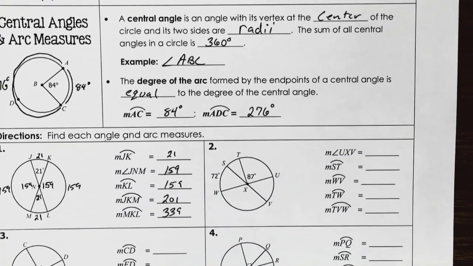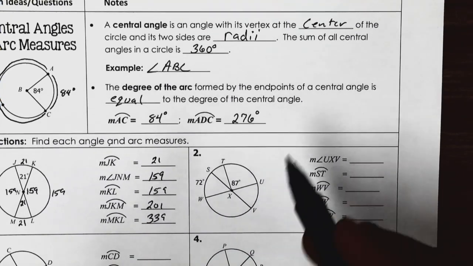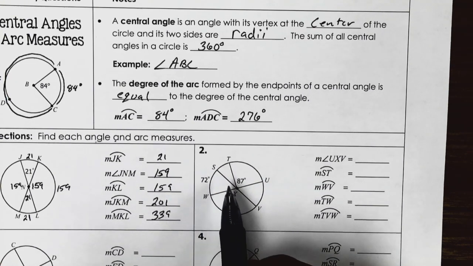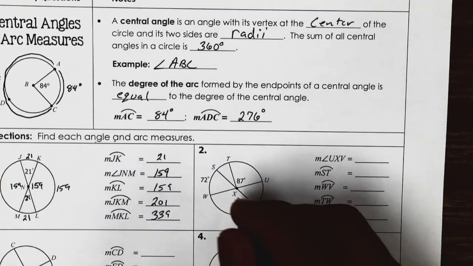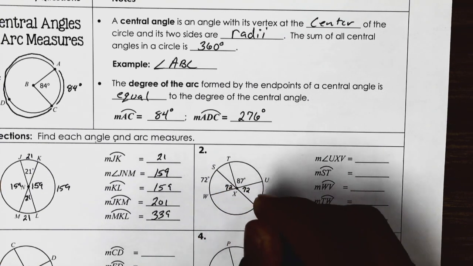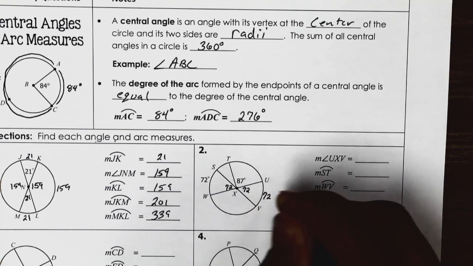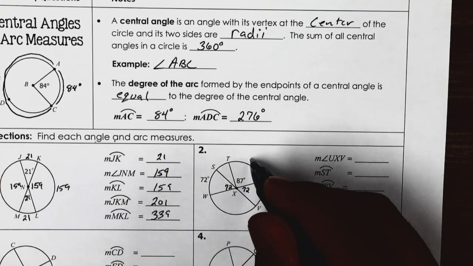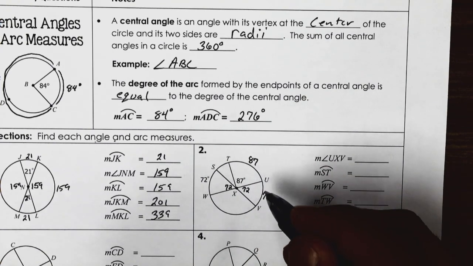All right, let's do another one. Let's get my measures. So this angle right here is 72, which means this angle right here is also 72, which means this angle right here is also 72, which means this arc is 72. All right, this angle right here is 87, which means this arc is 87.